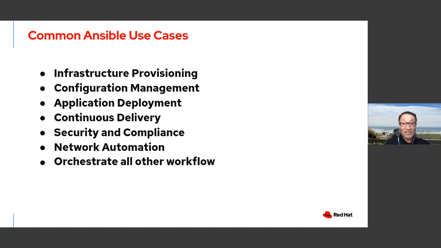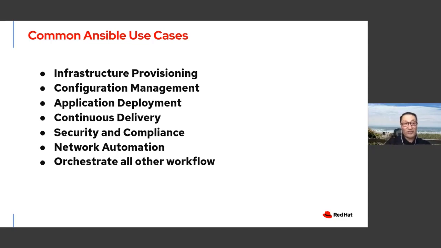That's one of the key features of agentless with Ansible, where we partner with all your network vendors like Cisco, security companies like Palo Alto. And we have all secure content collections working with them. And not only that, Ansible can also be used to orchestrate all other workflows.